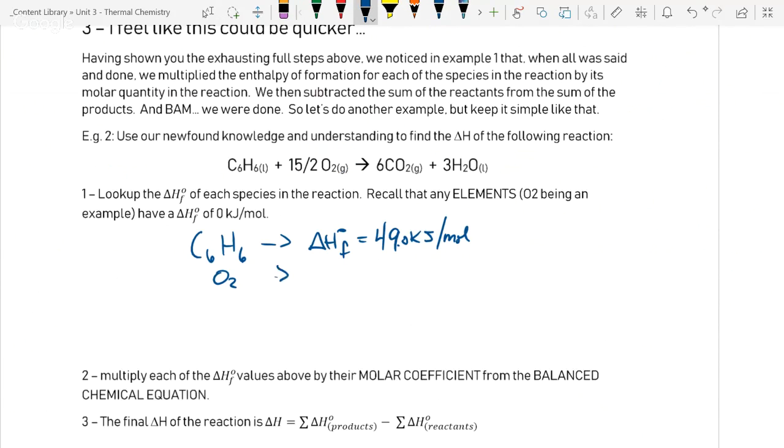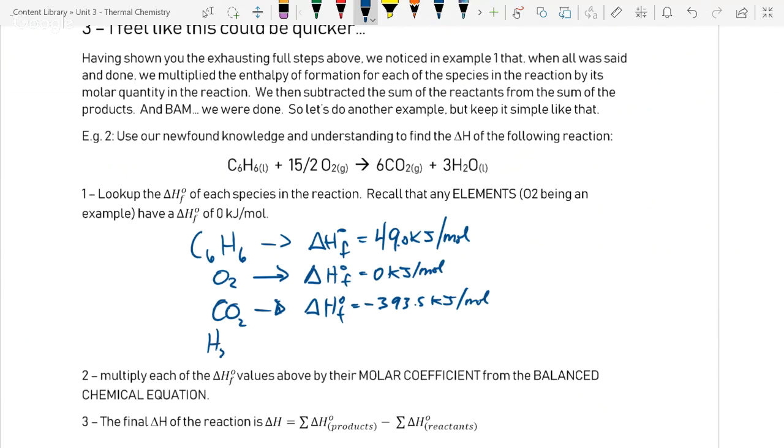O2 is just 0 because it's already in its simplest elemental form, so it doesn't need to be made. What about CO2? -393.5. And H2O. Negative 285.8.